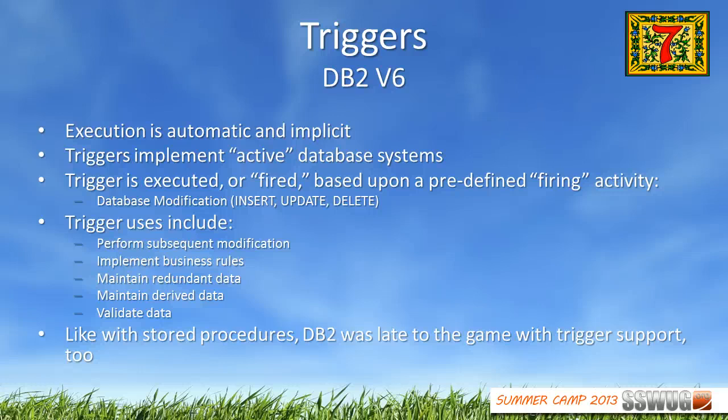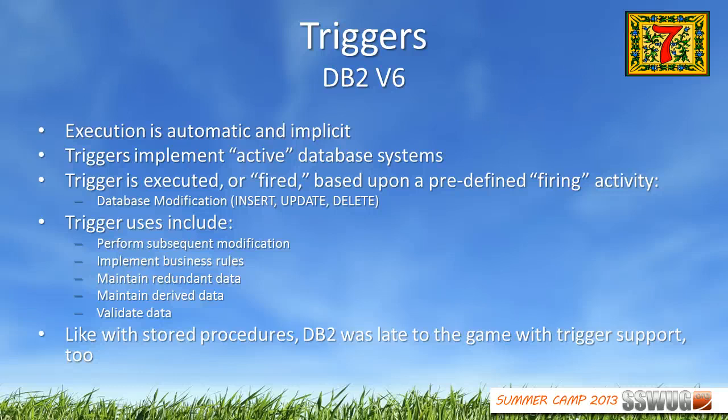What it's doing is causing the database system to become active. So you say, when I insert a row to the customer table, I also want to delete a row from this table over here, or I want to update data in this table over here. Then whenever you do that insert to the customer table, that action happens automatically because the trigger is coded on DB2. The database is taking actions because of the data that's being added to the database.